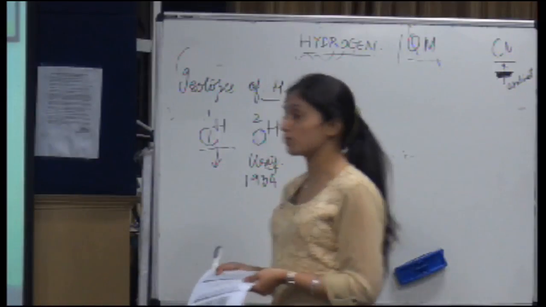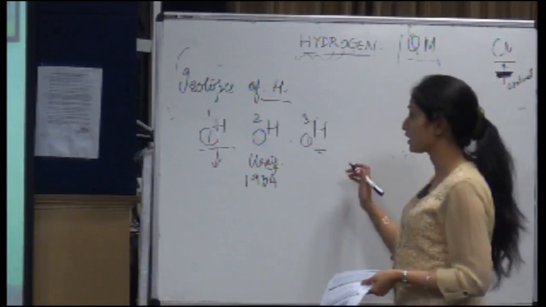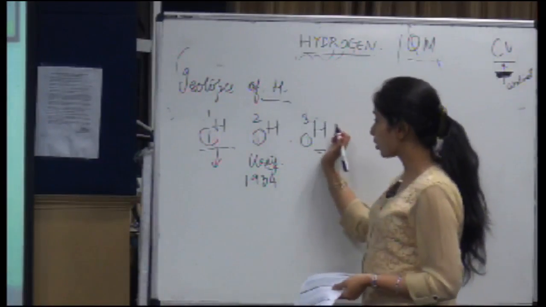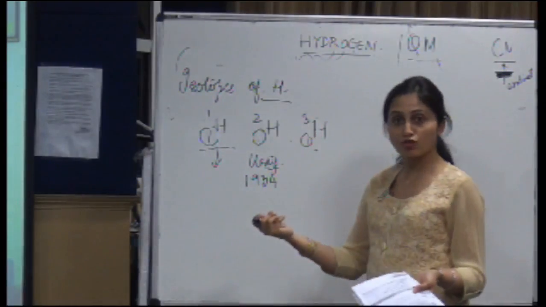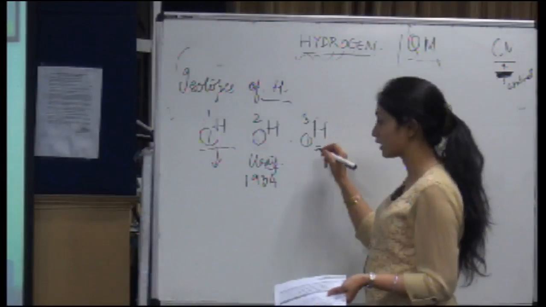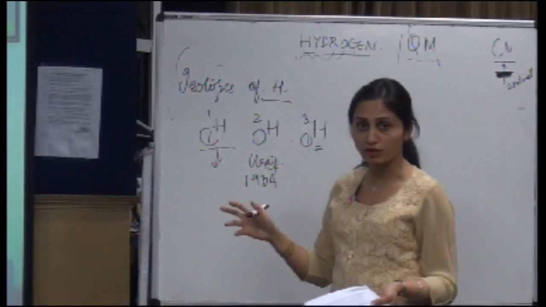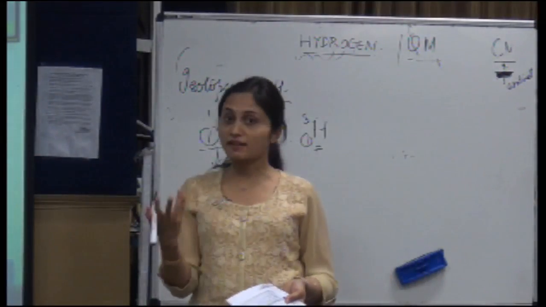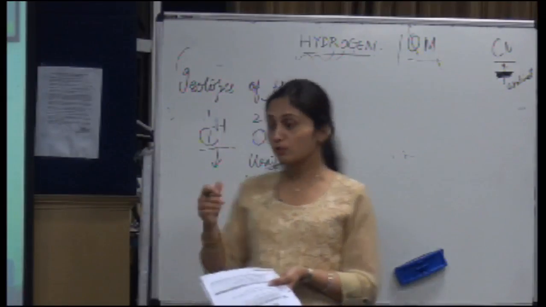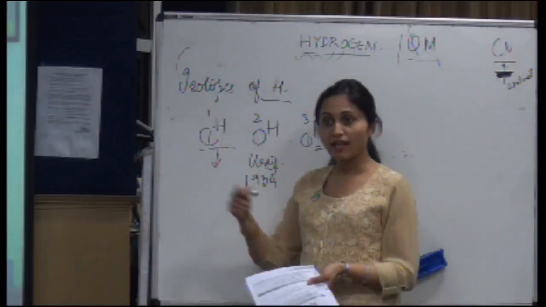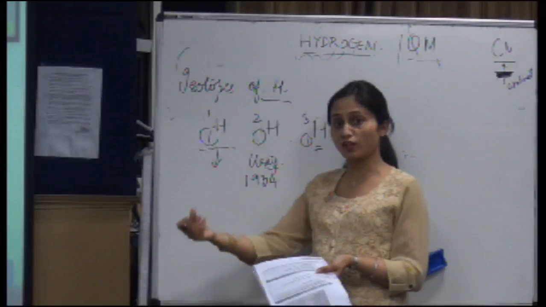Which isotope has high thermal conductivity? When we talk about thermal conductivity, that will depend upon the thermal expansion of the element. All of them have one electron. So ideally, you would expect thermal conductivity to be the same. But thermal means when you supply heat, and conductivity means the speed at which your electron is moving.